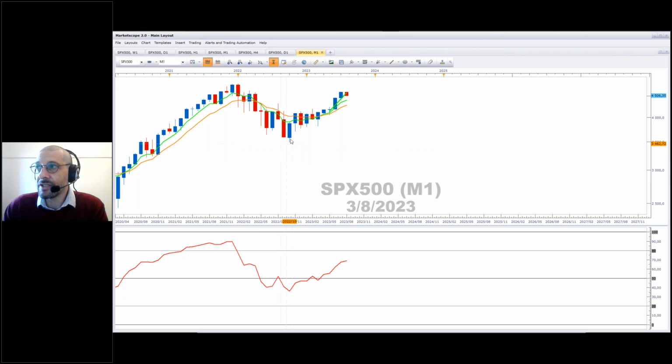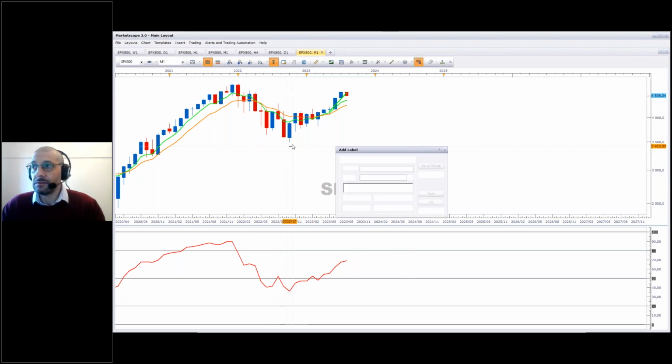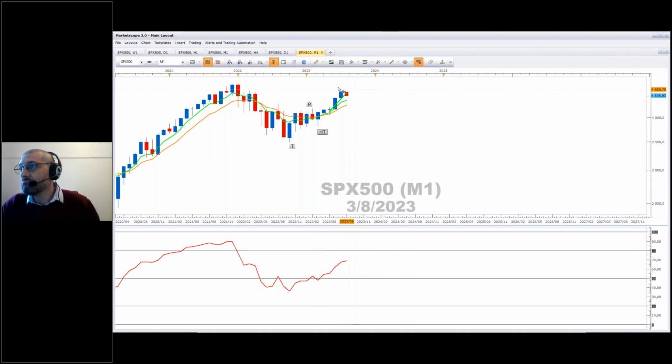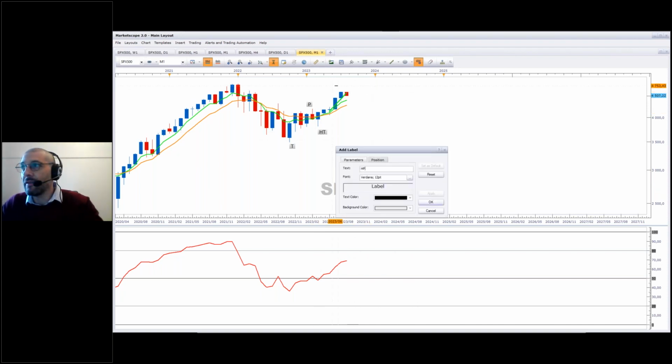The other way to do it is through peak and trough analysis. So we can do it as trough, peak, higher trough, higher peak. There's your bull trend on the monthly.